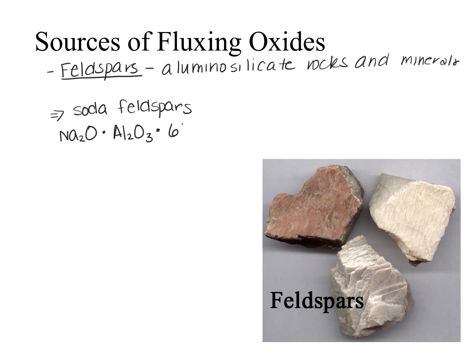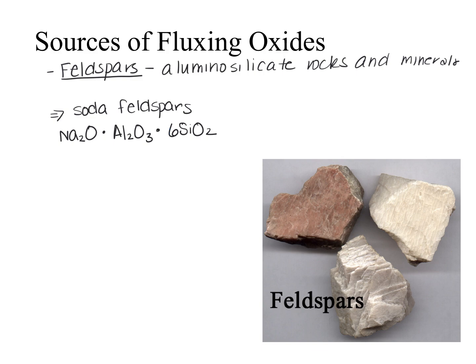So what this says is these all form a long-range structure. There's one sodium oxide unit per one aluminum oxide unit per 6 SiO2. And so that's what that dot says to us.